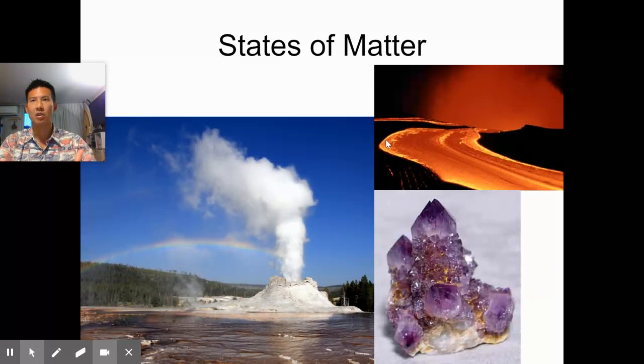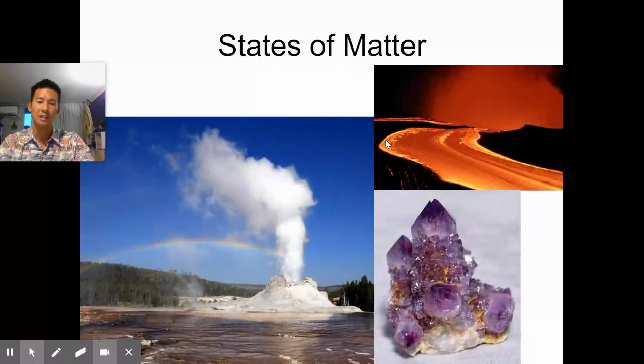Stars are the largest entities in our solar system. So if matter has to exist in states, the majority of it exists in the state of plasma.